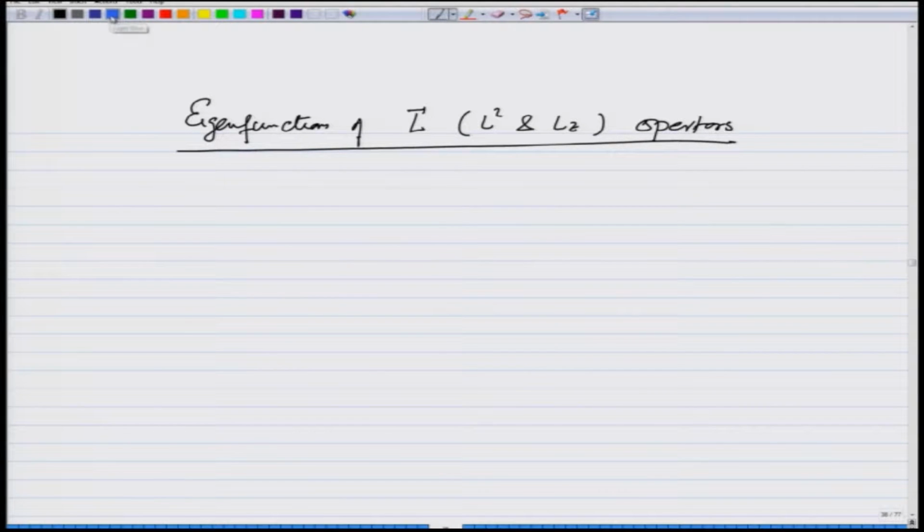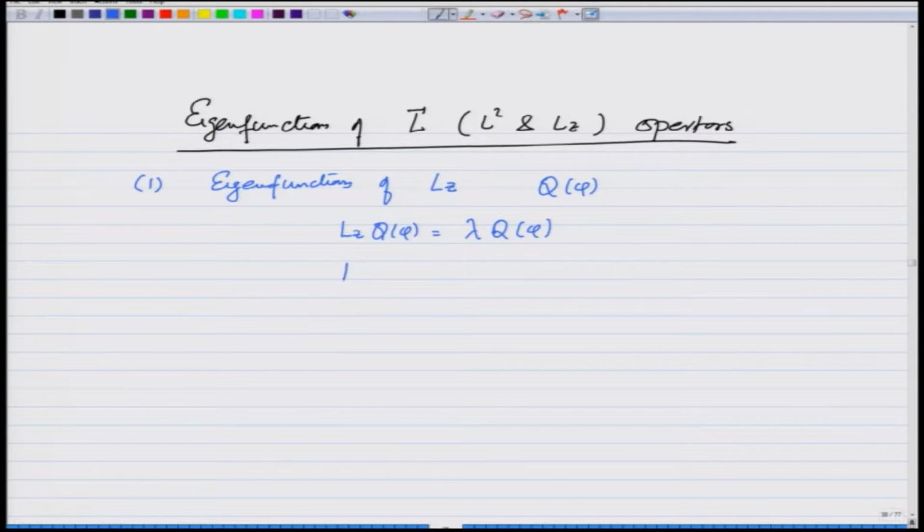So, let us do that. First, the simplest thing, eigenfunctions of Lz. Suppose these are Q(phi). Then I have Lz Q(phi) equals some eigenvalue lambda Q(phi).